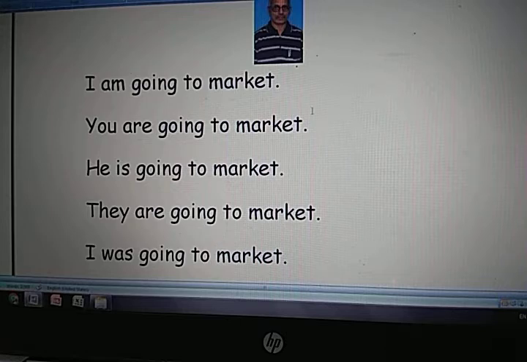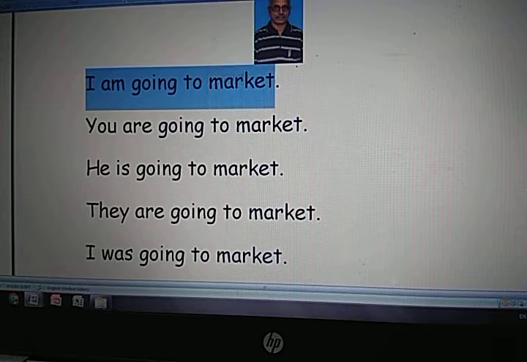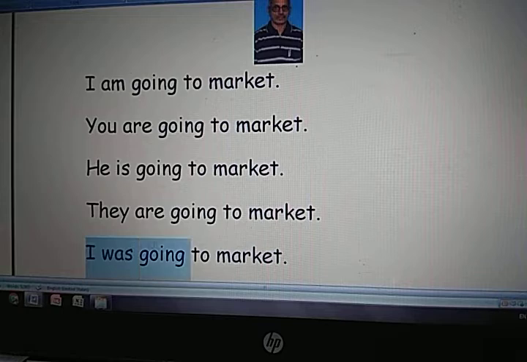I have taken I am going to market and I changed this sentence into simple past. Then the above sentence changes to I was going to market.